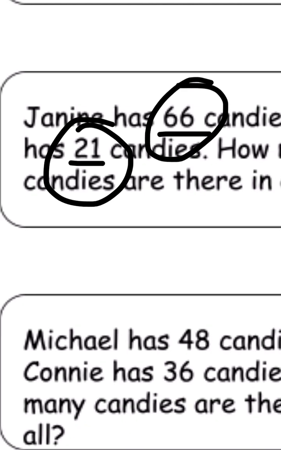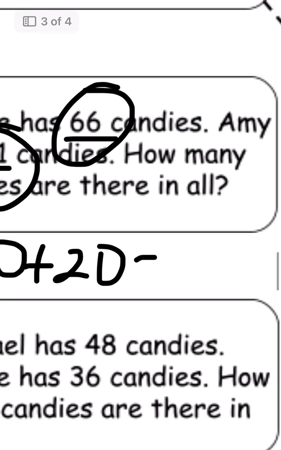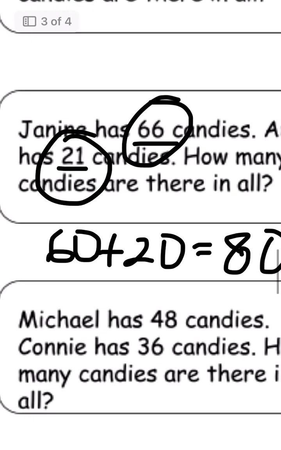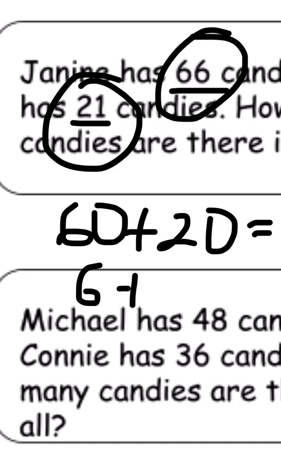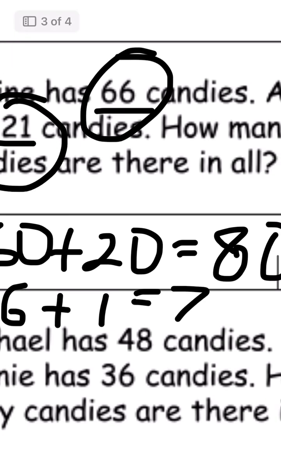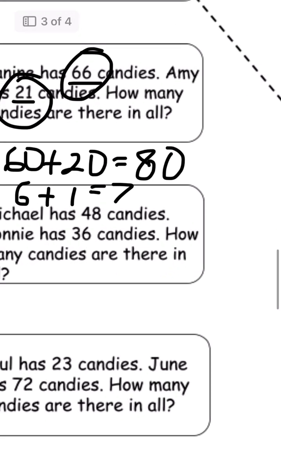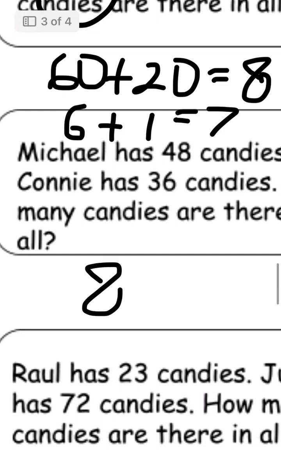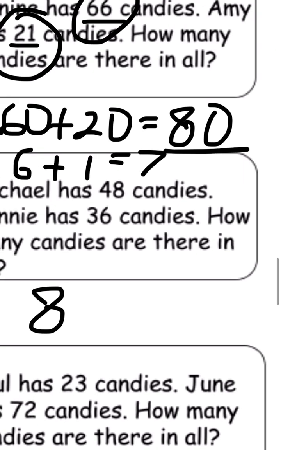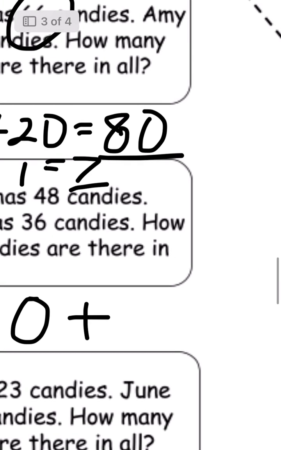So we have to first add the tens for the mental math method. So we have 60 plus 20, which is 80. And then we have to add the ones. So 6 plus 1 is 7. So now we have to add the sums of the tens and the sums of the ones.